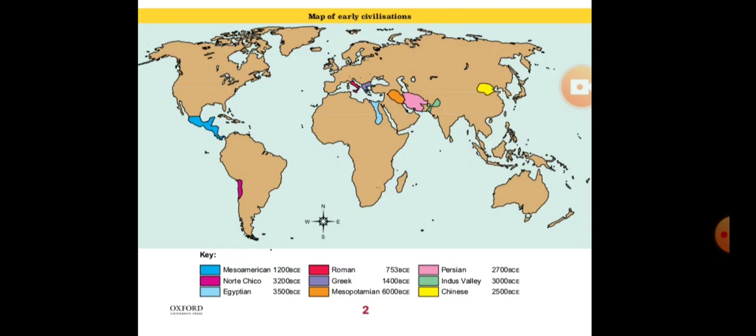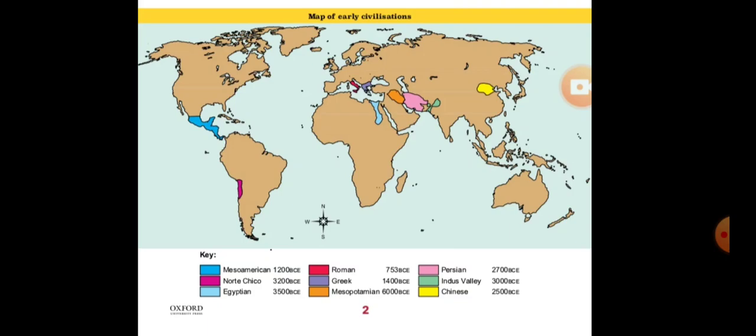On the very right, in the east, the yellow area is the Chinese civilization. Then if we move further towards the west, we get a green civilization, that is the Indus Valley civilization, and I must tell you that this region is the Indian subcontinent. So it is easier for you to locate your country here, and this is the Indus Valley civilization.